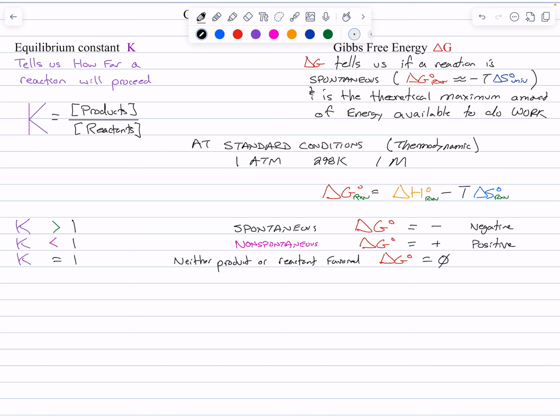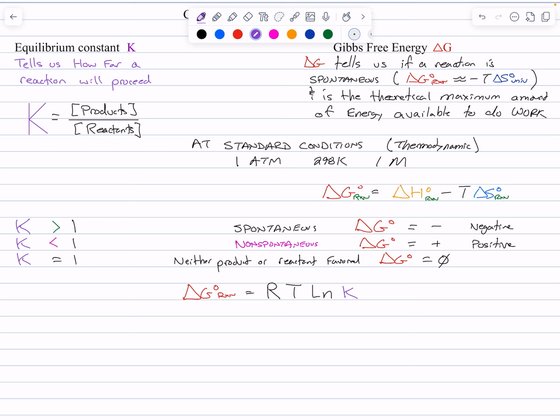Delta G standard for a reaction is equal to your gas constant, the temperature, times the natural log of K. That's how they're related. If K is a big number, it's definitely product favored.